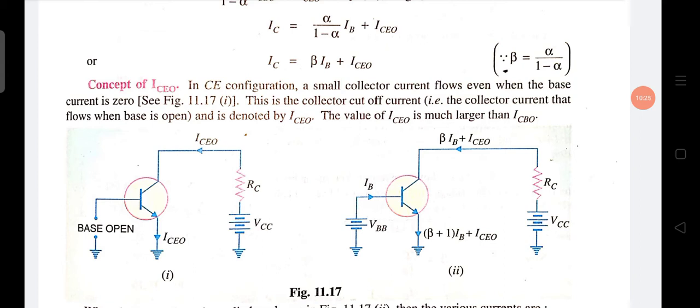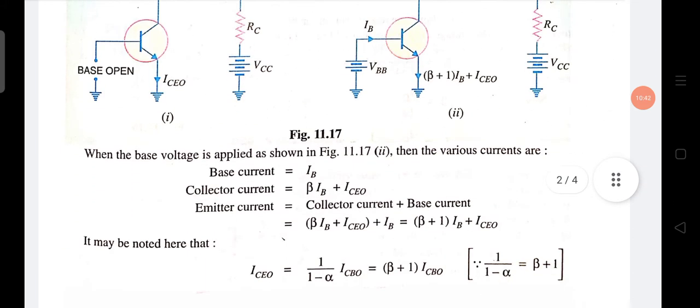But in common emitter configuration, ICEO is the collector current when the base is open. Similar thing. This ICEO is similar to ICBO.